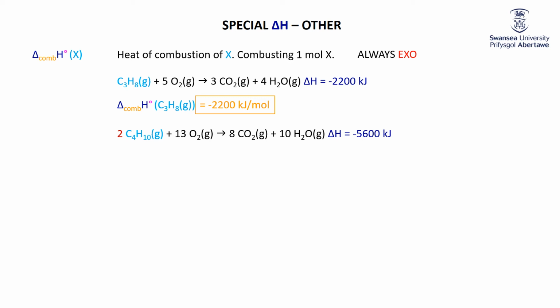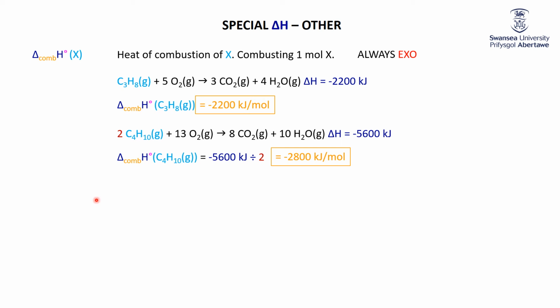Okay, now that delta H is associated with 2 moles of butane combusting. Thus, the actual heat of combustion of butane is minus 5600 over 2, or minus 2800 kilojoules, because that's kilojoules per mole, 1 mole of butane. This equation tells you there's 2 moles of butane.